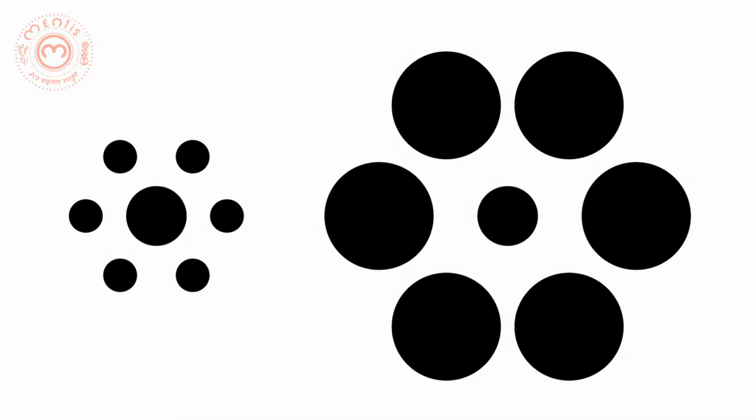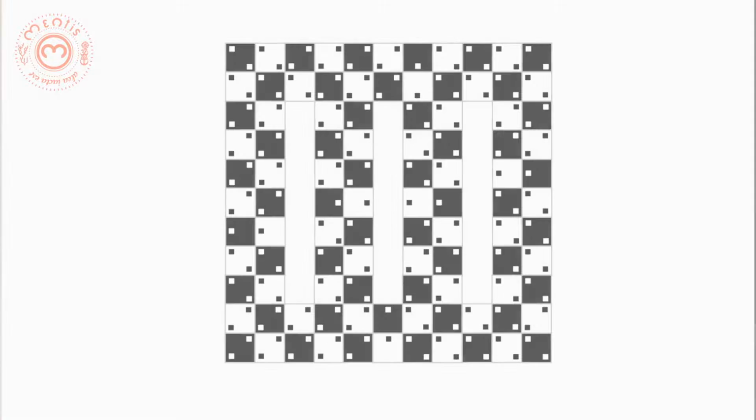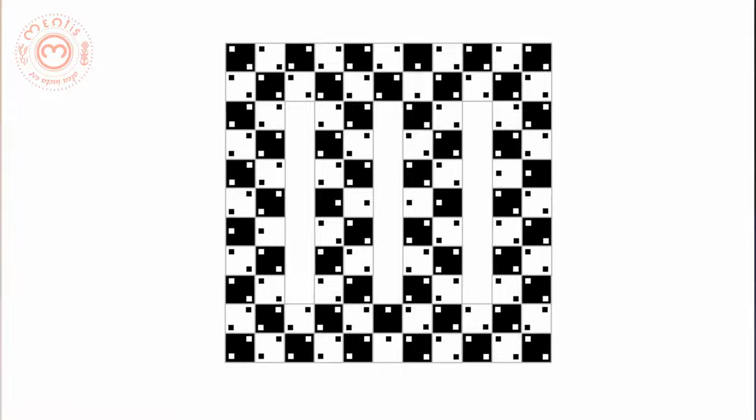The size of these circles, for example, is also influenced by their surroundings. Both center circles are the same size, even if the subconscious in the brain makes something different out of it. Everything about these boxes looks crooked, but in fact it's just right angles and straight lines. So you could say, you lie to yourself all the time.